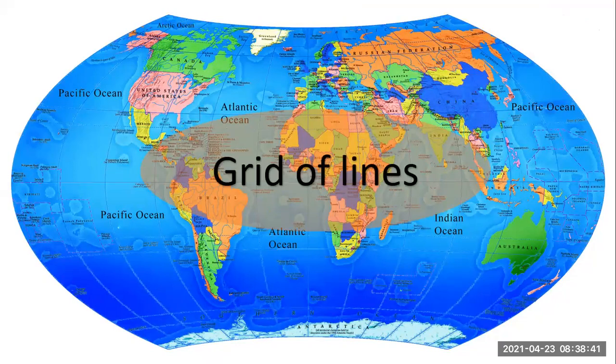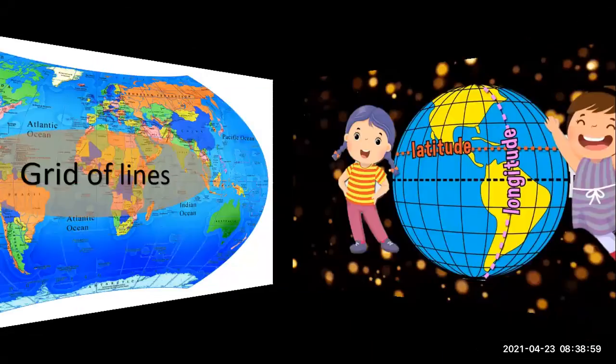Basically, the lines of longitude and latitude, we collectively call them the grid of lines, network of lines, horizontal and vertical, right? So all these lines along with each other are called grid of lines.